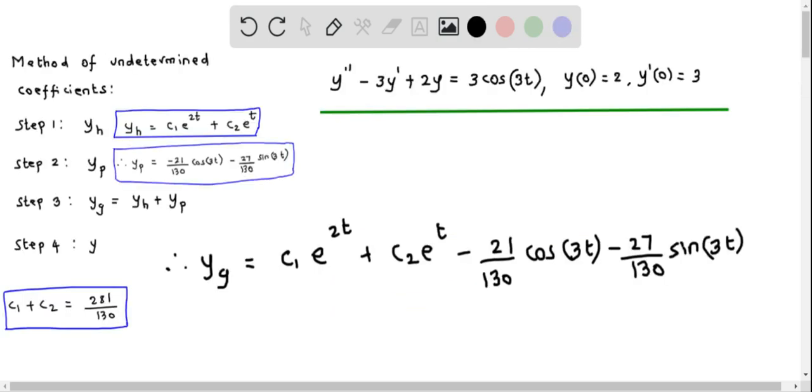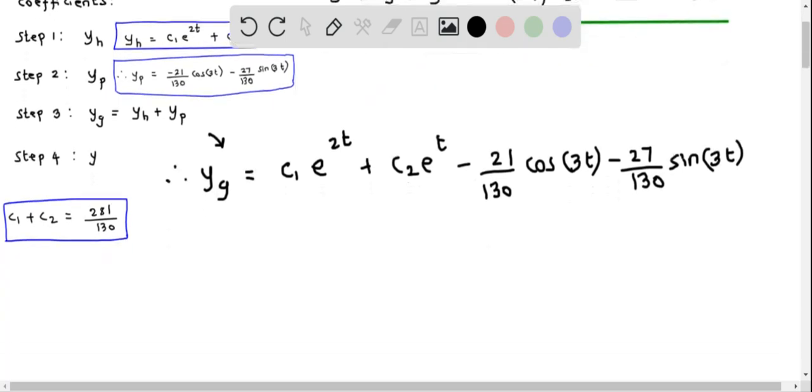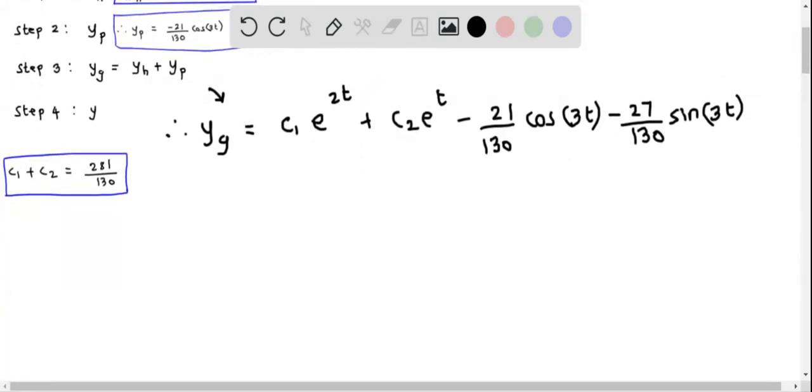Now to utilize the second initial condition, we have to find the derivative of this general solution, and then plug in t equal to 0 and solve for c1 and c2. So first let's find the derivative of this general solution. I write this as y prime, and this equals the derivative of c1 e raised to the power of 2t.